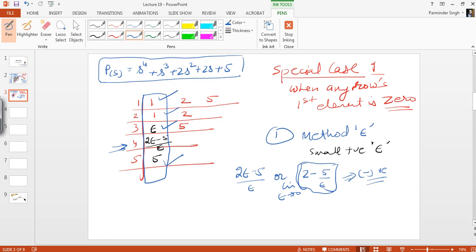So that means this entry is negative. Now in the first column, if any entry is negative, the system is unstable. So this is how you decide by the epsilon method. Clear?